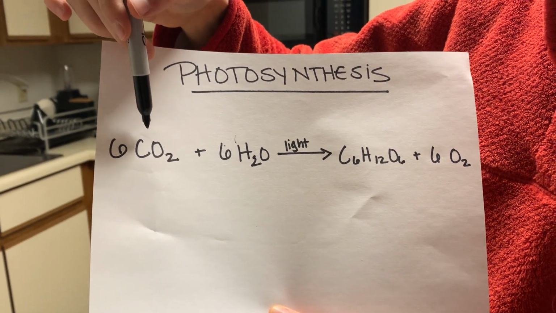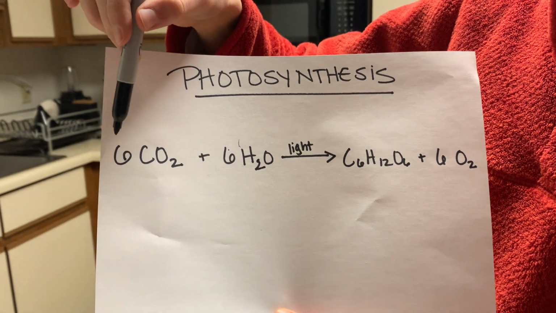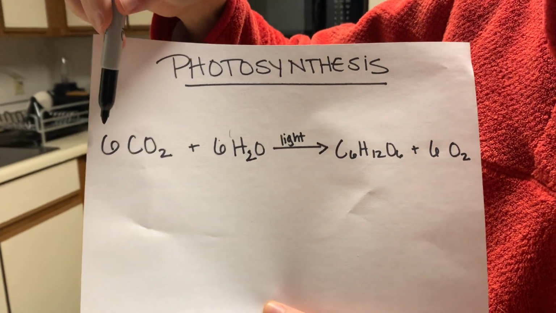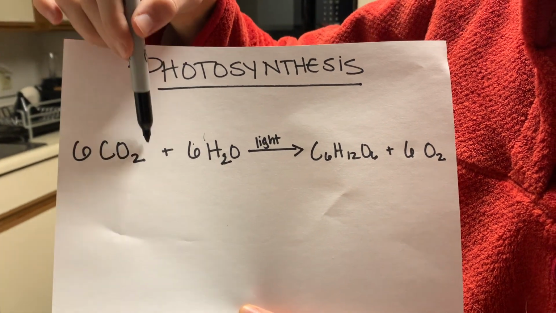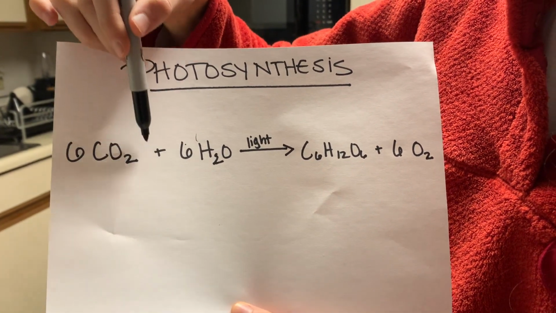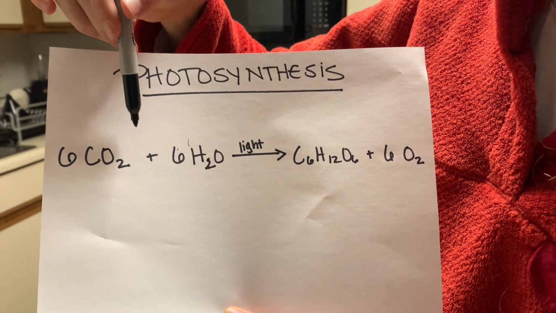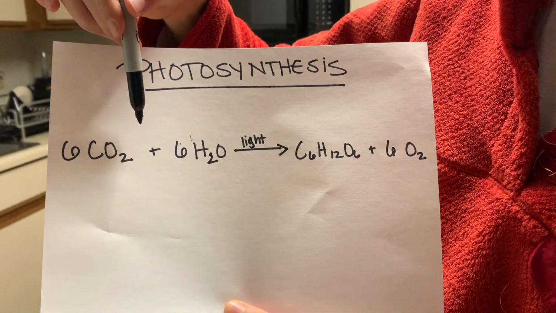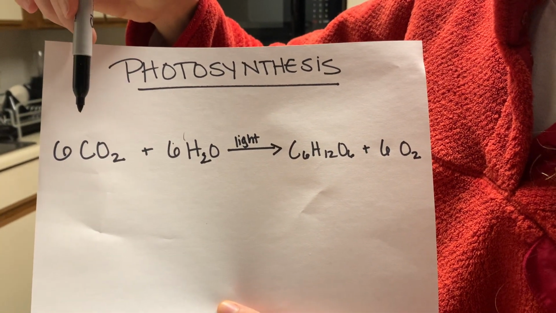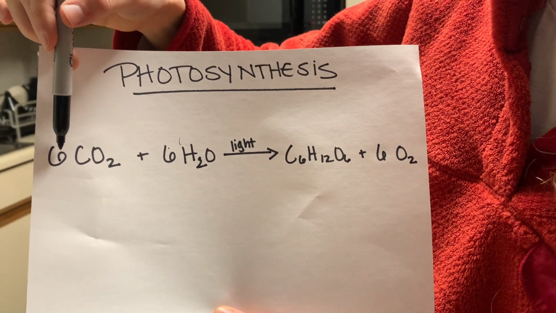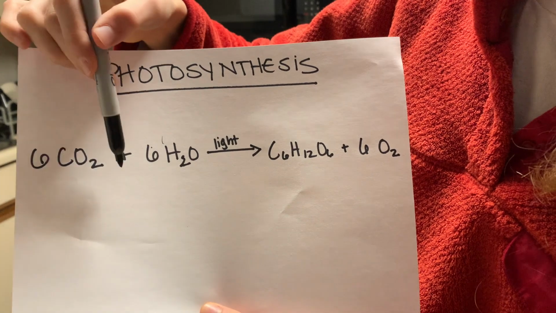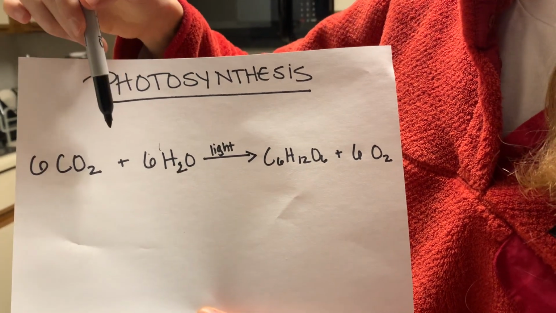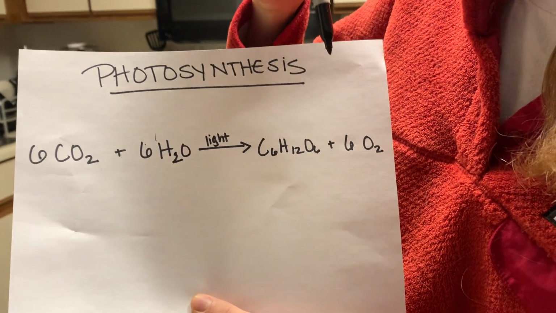So fun math question, how many atoms of oxygen do I have in all 6 molecules of carbon dioxide? Think, pause, wonder, ponder. I'm actually gonna multiply that 6 by 2, and there's 12 atoms of oxygen in these 6 molecules. So quiz yourself on the rest of these, or not, that's not super fun.